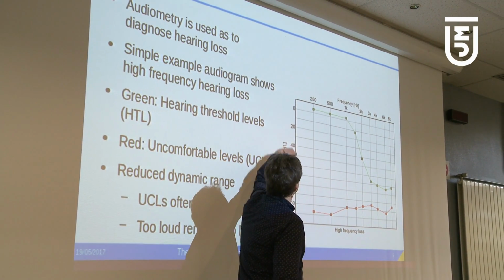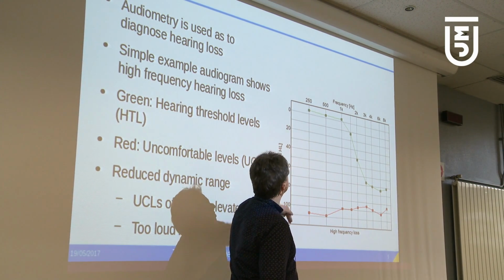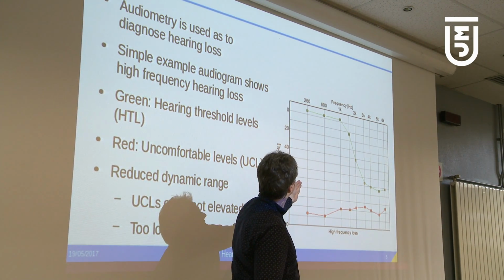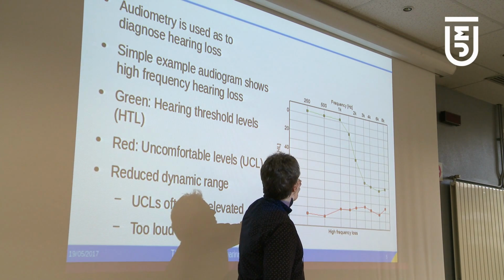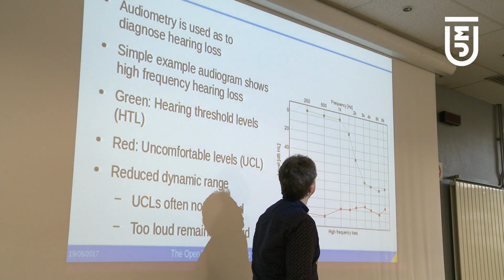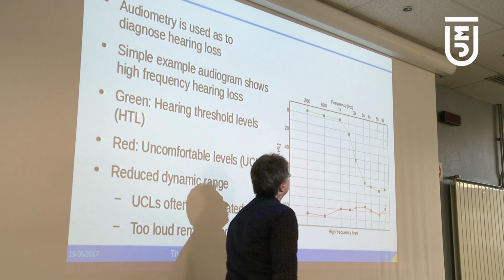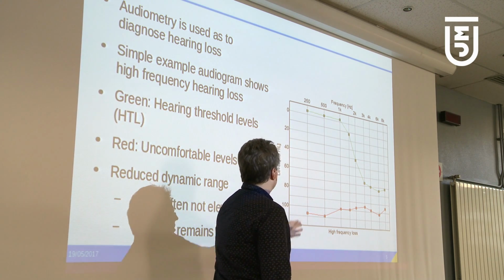The level axis here grows to higher levels when you go downwards. So this picture here then shows a person who has normal hearing thresholds at low frequencies, up to 1 kilohertz, and then a sloping high-frequency hearing loss at high frequencies.